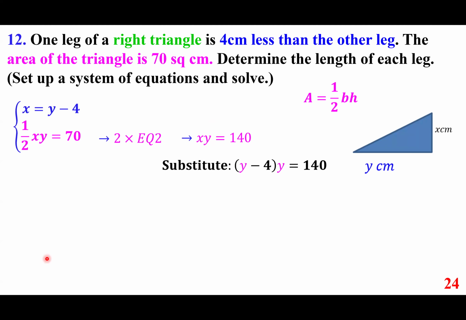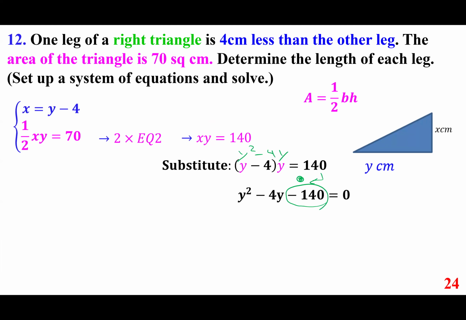And so we get y squared minus 4y equals 140. We move this to the left so we can use the quadratic formula or factor. We want two numbers.